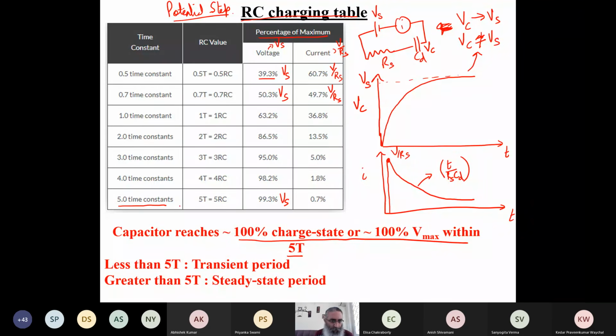By the time you come to 5 time constants, or 5t, it is only about 0.7% of V by Rs, which means that current also tends to zero. Practically, beyond 5 time constants, the current in the circuit can be taken to be zero. That is why this 5 time constants is purely a conventionally fixed parameter.